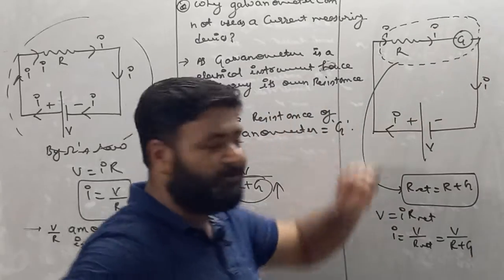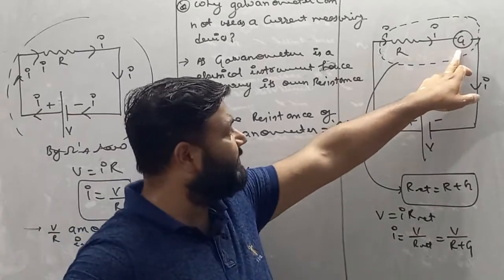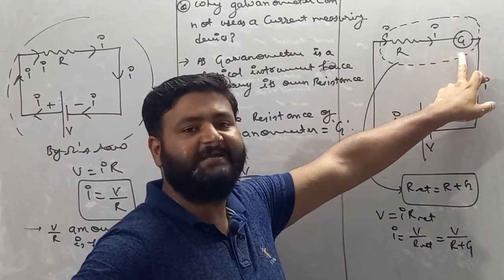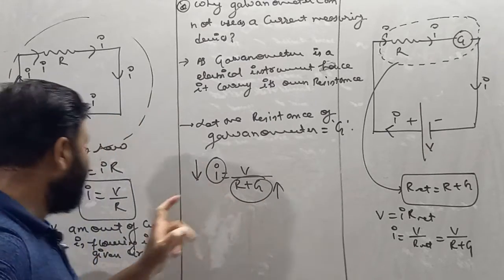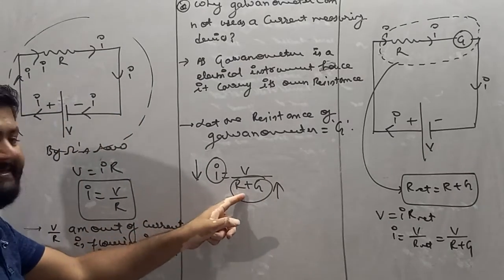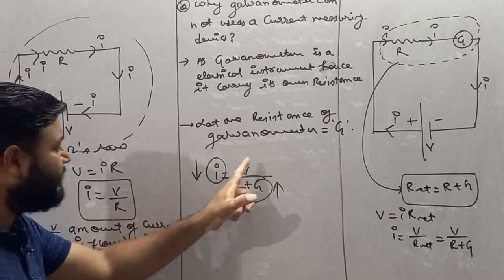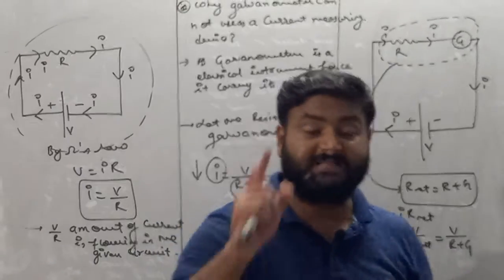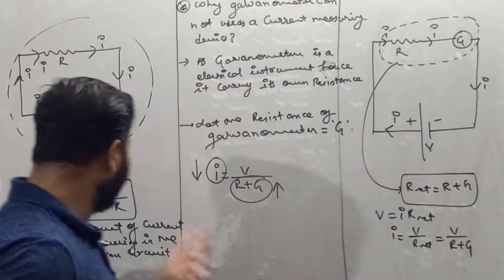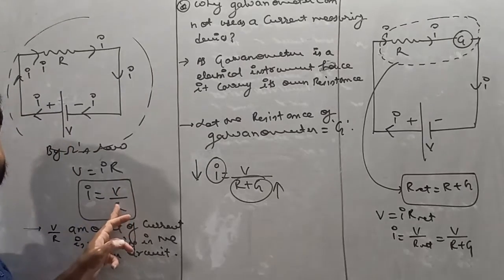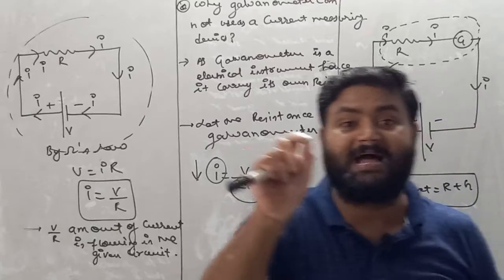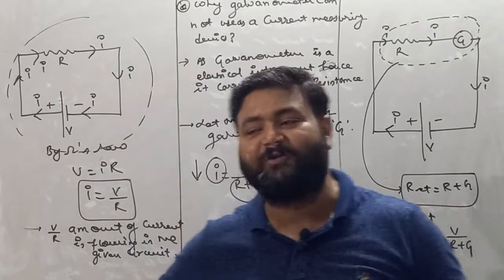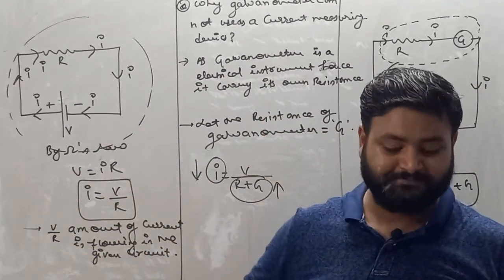So the current decreases. Now the galvanometer can detect current V by R plus G, but the actual current is V by R. So the galvanometer cannot detect the actual value of current flowing in the circuit.